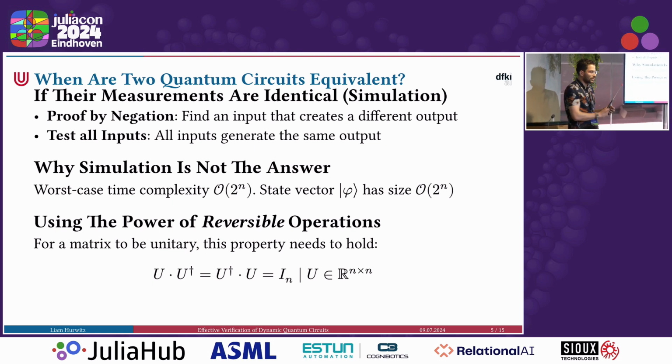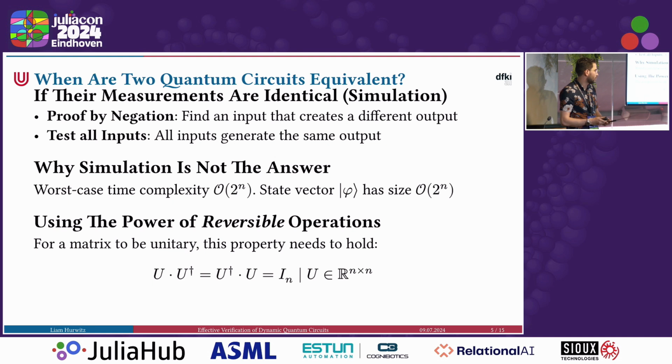There's a naive way to test this, which is by doing a proof by negation, so just trying every input and seeing that every input generates the same output for both circuits. This has a bad time complexity and bad space, or size, like both are exponential.